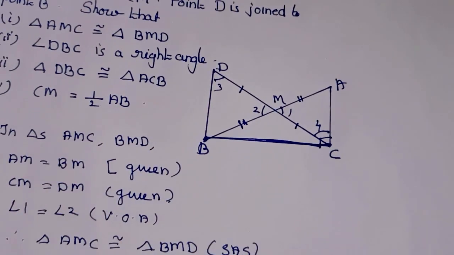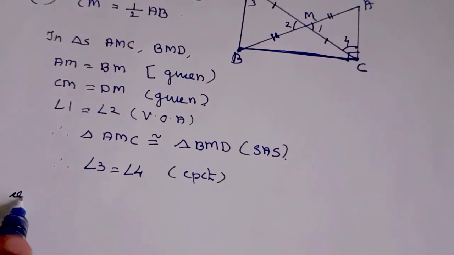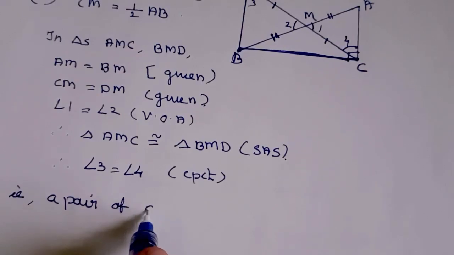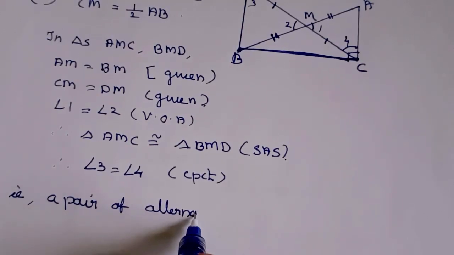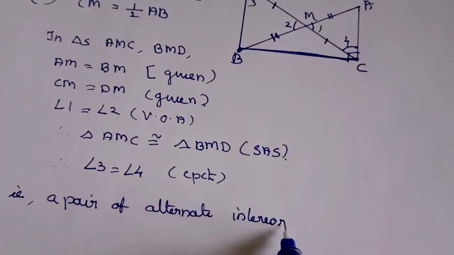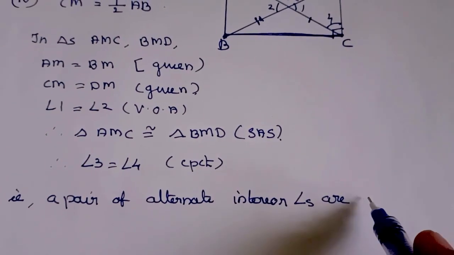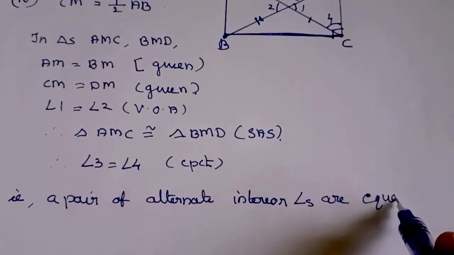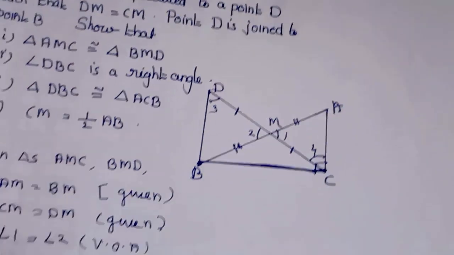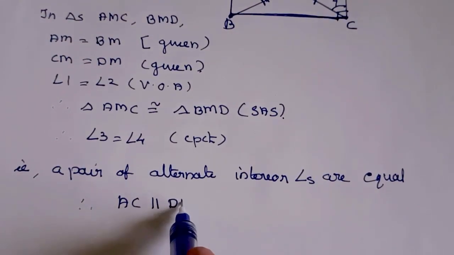Angle 3 equal to angle 4, reason CPCT. That is a pair of alternate interior angles. Alternate interior angles are equal. Therefore, we get AC parallel to DB.